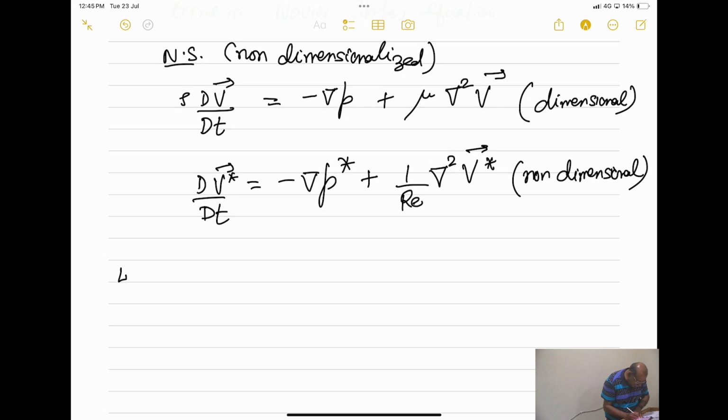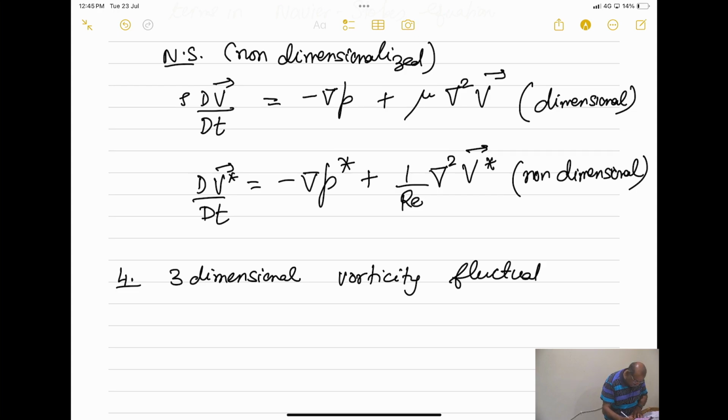Now, the next property which I'd like to talk about in turbulent flows is three-dimensional vorticity fluctuations. Again, this is a property of the turbulent flow that you find in all turbulent flow. Now, do we all know what is vorticity?